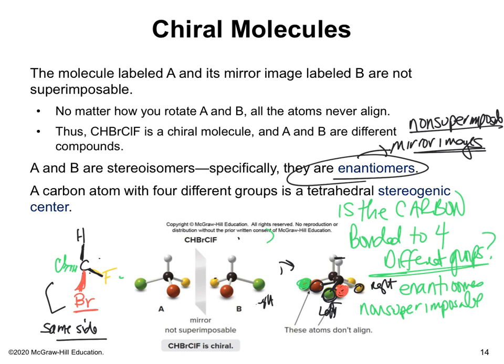So if you were to draw the mirror image, you would draw the carbon, the hydrogen, and then you see how the fluorine's there? So you would draw the fluorine like that, and then you would draw the bromine like this, and the chlorine like this.